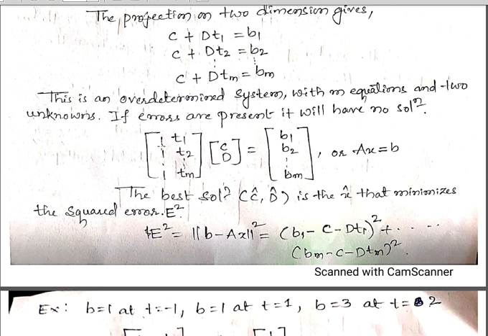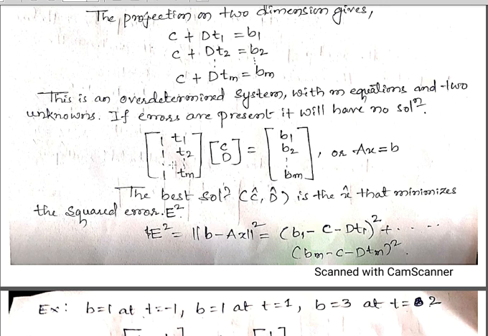The general form of these equations is always this: the first column is 1 and the second one will be the values of t, which will be given in our problem, and C and D are unknowns, and B1, B2, B3 will be the values given in the problem.